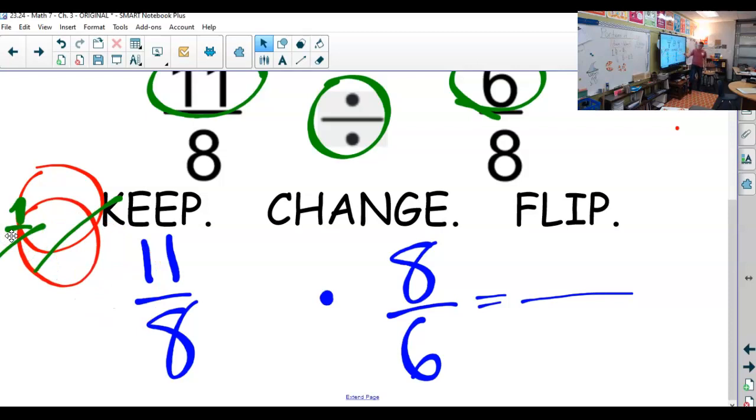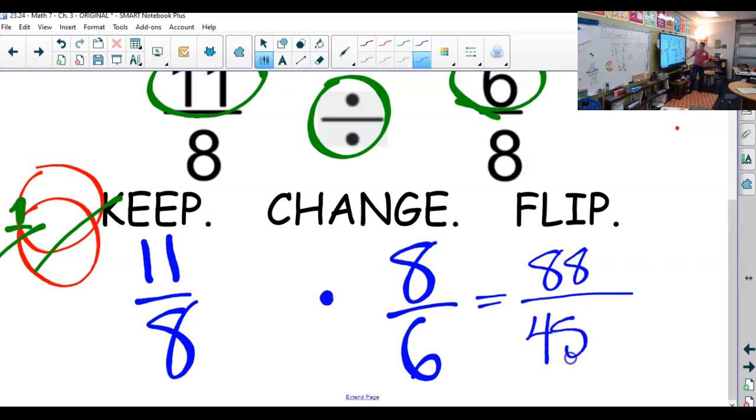What's 11 times 8? What's 8 times 6? 48. And then you just divide and simplify down to 11 over 6. Oh, that's why you do that.